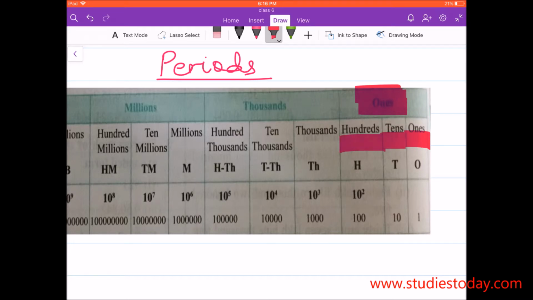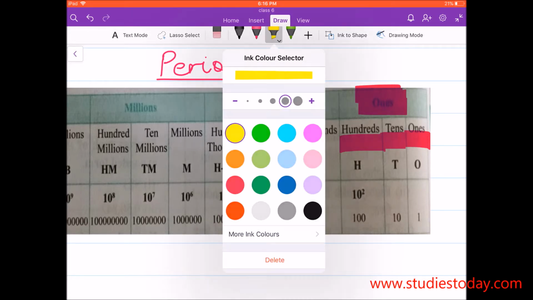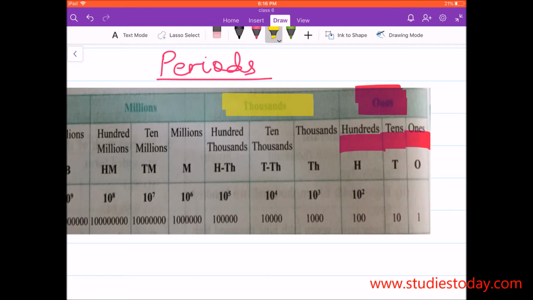Then the next period is thousands, under which we have thousands and 10,000s, like in the Indian system. But we have another member in this period, which is 100,000. So under thousands I have three things: 1000, 10,000 and 100,000.